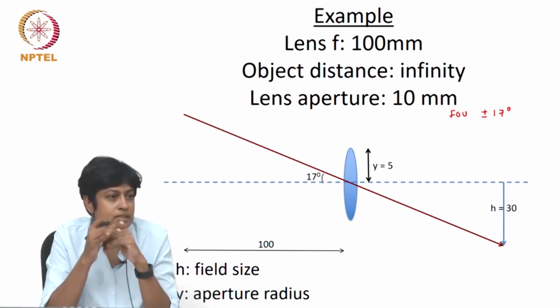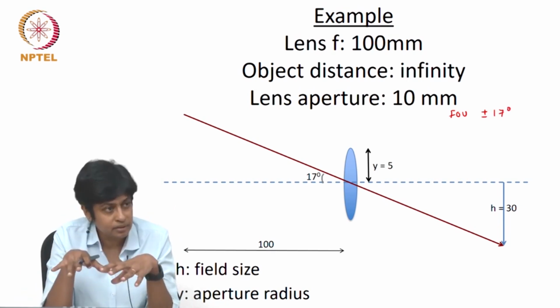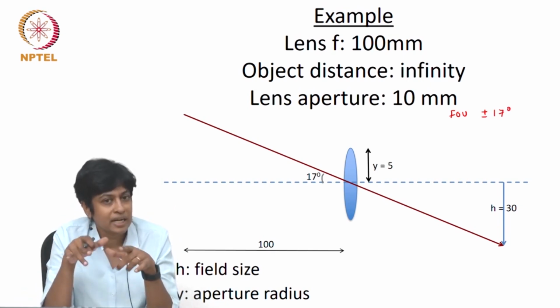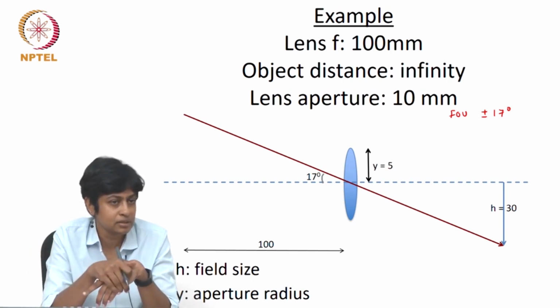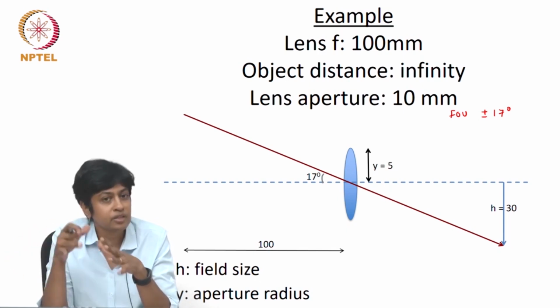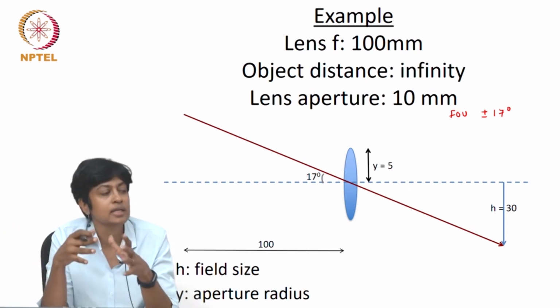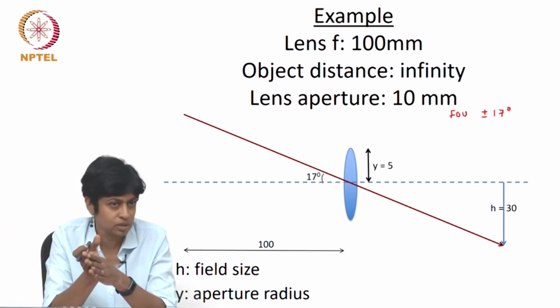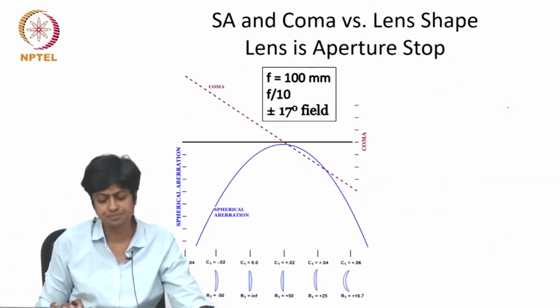Okay, so that's the system that you're studying. This was the system you looked at, and then you changed the radii of curvature such that the focal length stayed at 100 millimeters, but you had different shapes, and then you could observe the different aberrations for those different shapes, or rather how they varied with respect to the shape. Okay. So we are taking the same system.